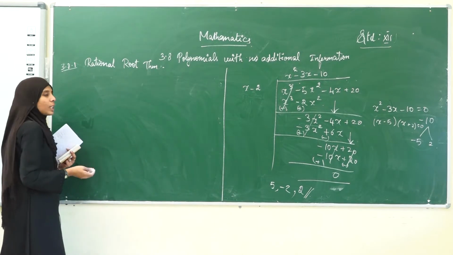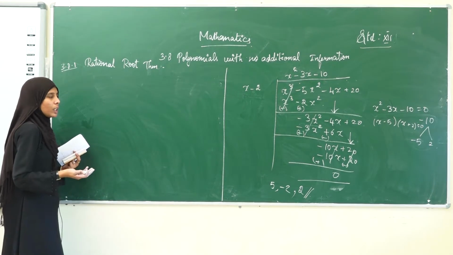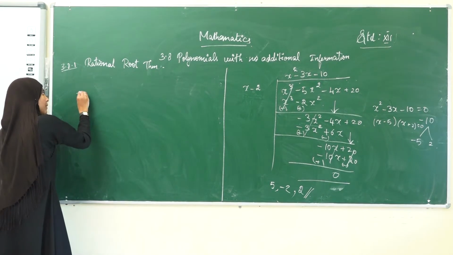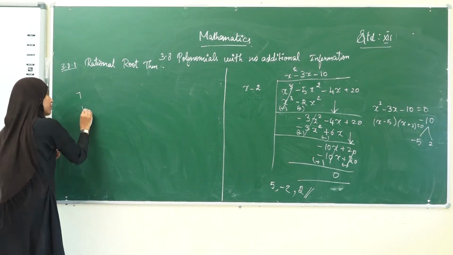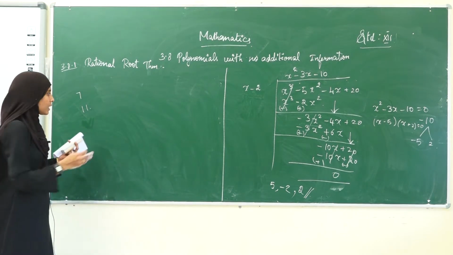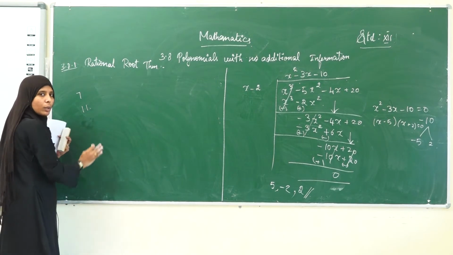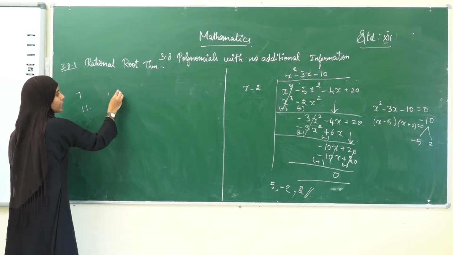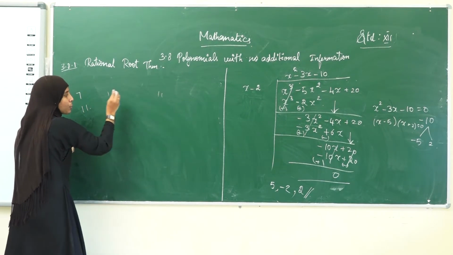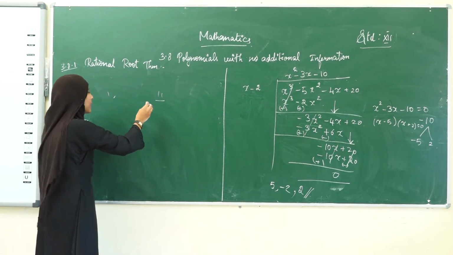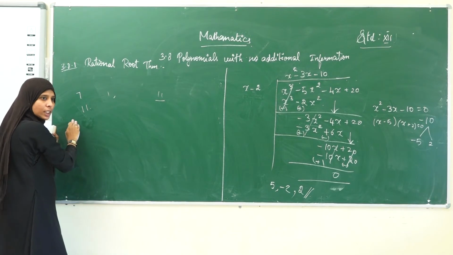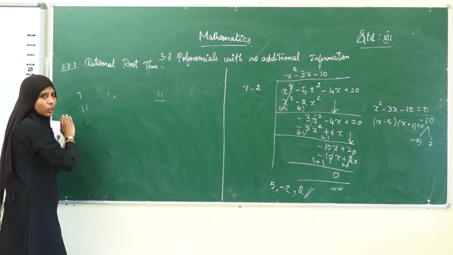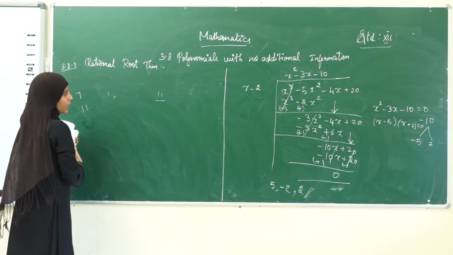Now for some polynomials or some equations, 7 may be one of the roots or 11 may be one of the roots. In this condition, what do we have to do? We have to substitute values 1, 2, 3, etc. till 11. When substituting 11, only then will we get the answer. Is this possible? This is a waste of time, right, for these types of equations.